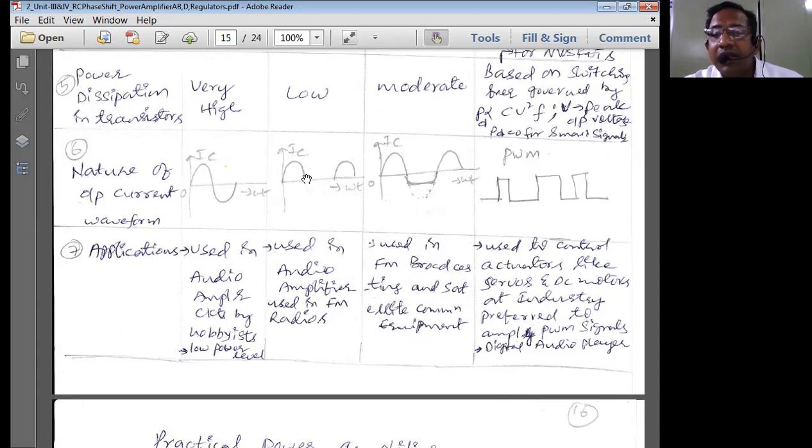Push-pull is an arrangement that we have made, but it doesn't mean that the class B name has been given because of two transistors together. The name has been given only because of the single transistor firing angle. So, since the firing angle is only 180 degrees, we call it a class B type of power amplifier. Coming to class AB, the firing angle lies between these two, class A and class B.